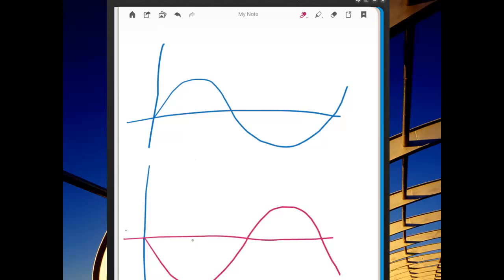So if it's of equal amplitude, this one here, what you will get is cancellation, and this is what you get, nothing, a pure cancelled sound.